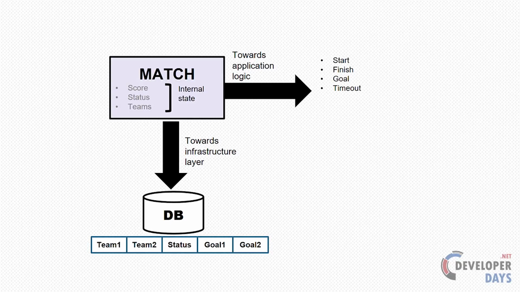Now, how do you persist this information? Information is just data, the data that fully identifies a match, the state of a match. That is what you need to save. You can save that in a text file, as a CSV file. You can save that to a NoSQL database. You can save that, and that would be the most common situation, to a SQL Server database using Entity Framework if your company is a Microsoft shop.